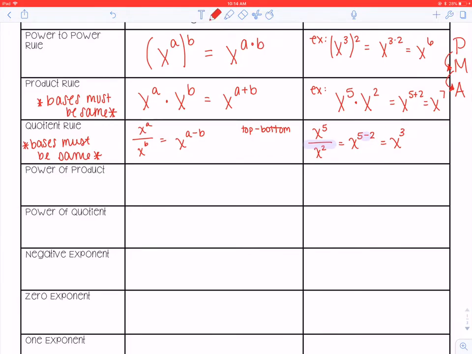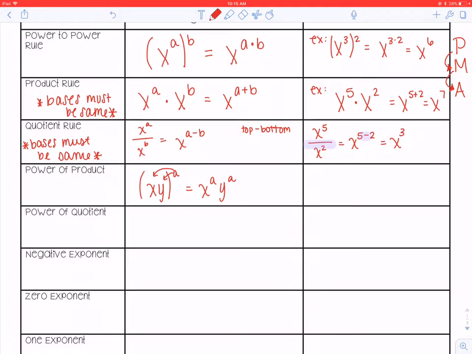Power of a product, again, I don't necessarily need you to know the words, says that if you have two things to a power, you can quote unquote distribute. It's not really the distributive property, but it says that you can give each factor inside its own exponent. So you have x to the A, y to the A. For power of a product, it doesn't matter that they're the same.